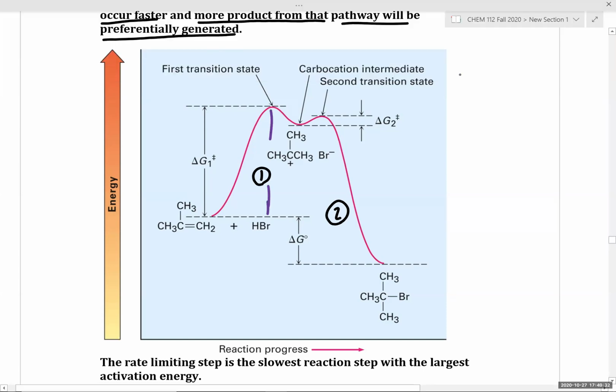So in the first step, we are looking at the addition and protonation of an alkene to generate a carbocation. That is our first step. That's what we're depicting here. This first step has a Gibbs energy of activation, and we can look at the activation energy for this step.